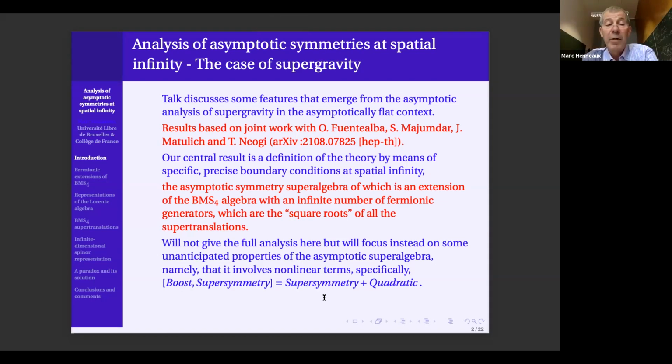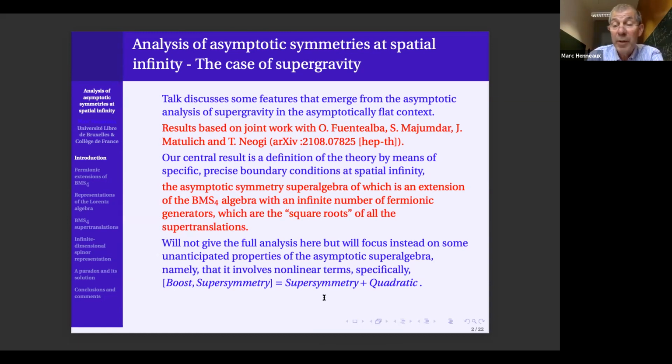And I will not report here the full analysis because it has some technical aspects, but I will focus on a point that intrigued us, which we did not understand immediately and kept us intrigued, which is that in the way we define the asymptotic supersymmetries, we get nonlinear terms in the algebra of the charges.